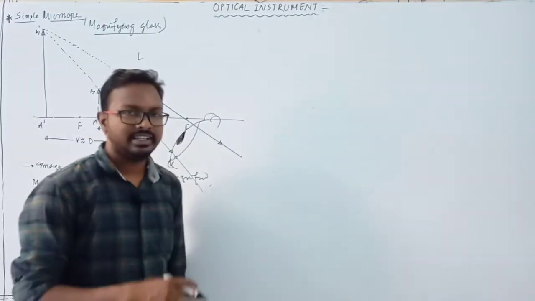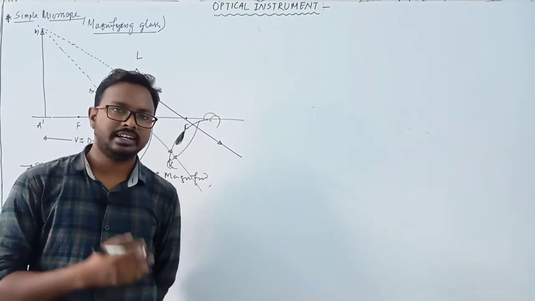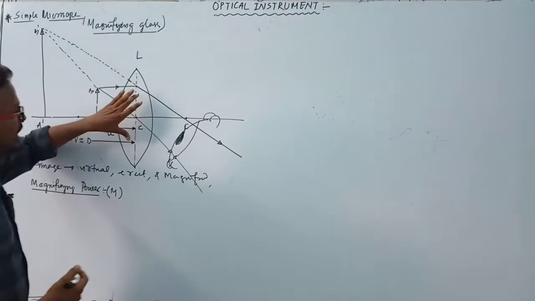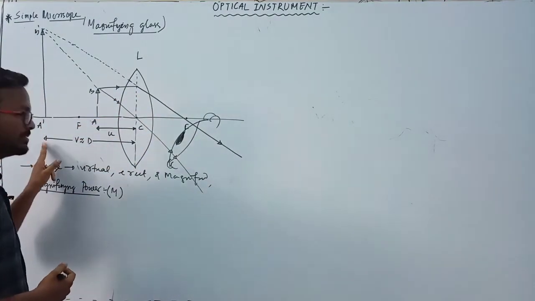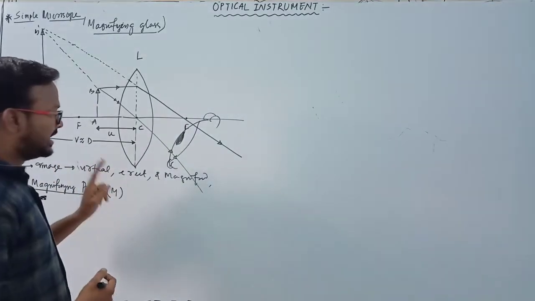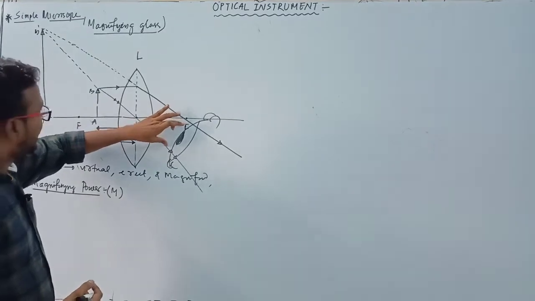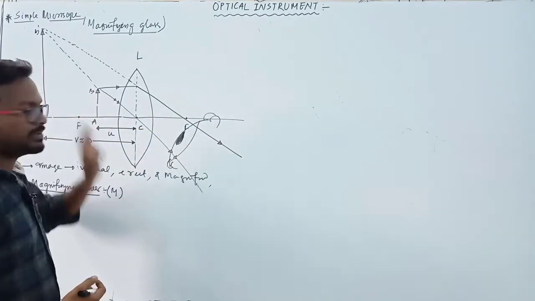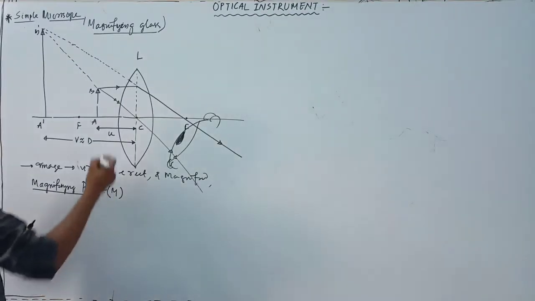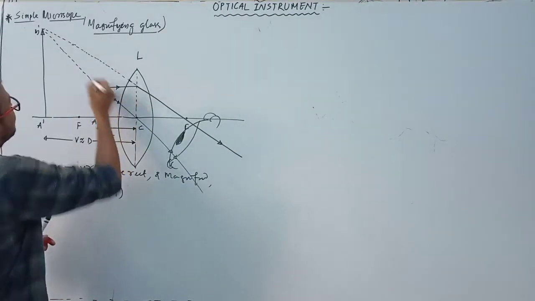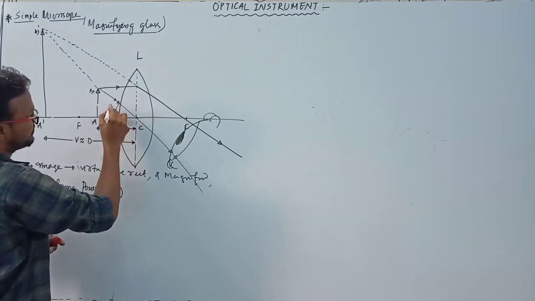Magnifying power is the ratio of the angle subtended by an image at the aided eye at the least distance of distinct vision to the angle subtended by the object at the unaided eye at the least distance of distinct vision. Suppose this angle is beta. Clear?